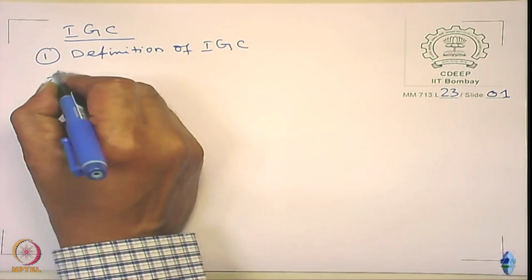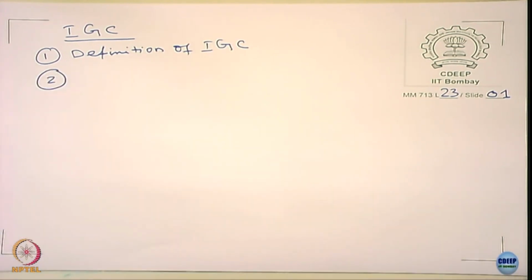Now, we said that among all the metals and alloys, stainless steel suffers extensive intergranular corrosion, especially when they are being welded, when they are not properly heat treated actually.